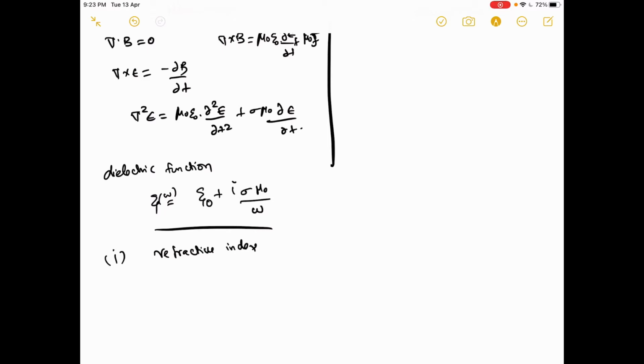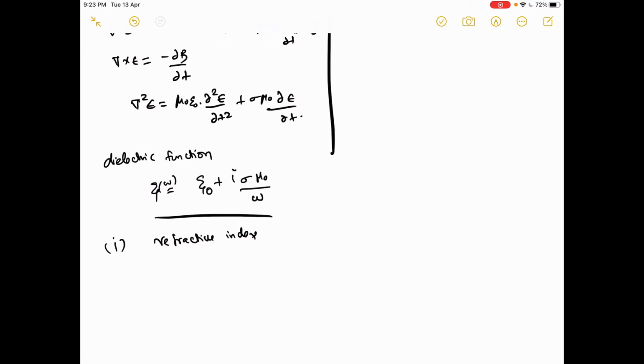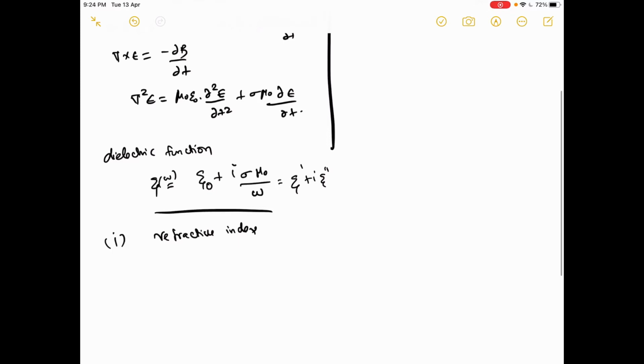which was written as, so basically this can be written as epsilon prime plus i epsilon double prime, epsilon prime being the real part, epsilon double prime being the imaginary part. You can write this as epsilon prime is n_r, the real part of the refractive index, squared, minus n_r double prime squared, and epsilon double prime is 2 n_r prime n_r double prime.